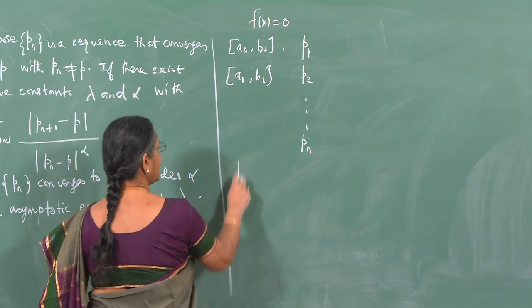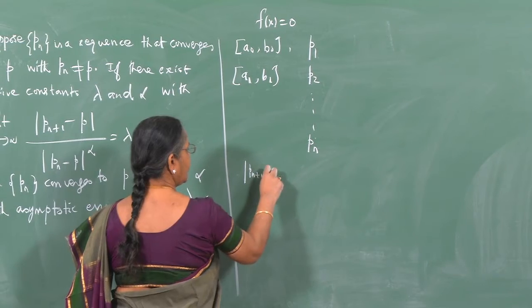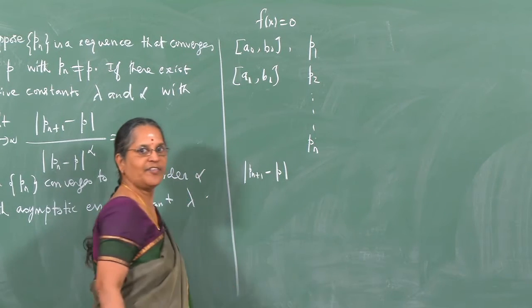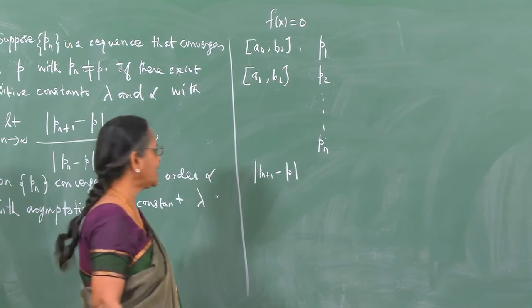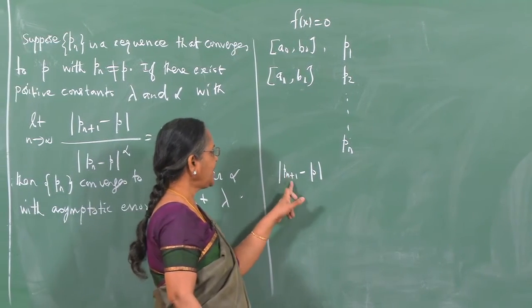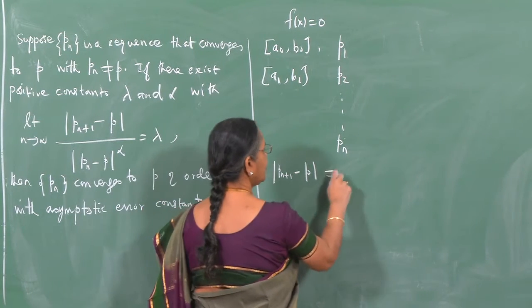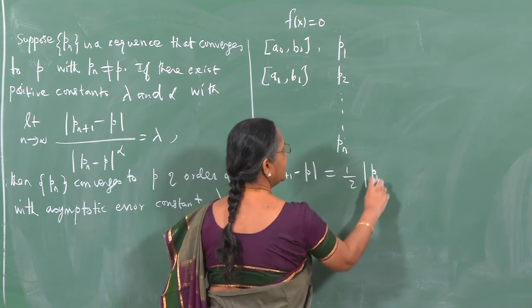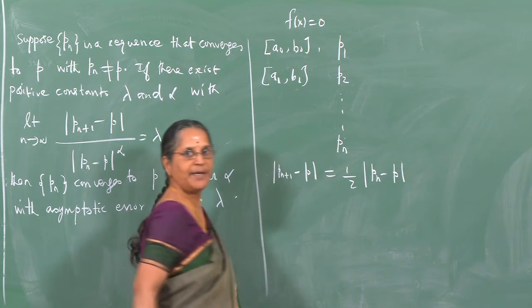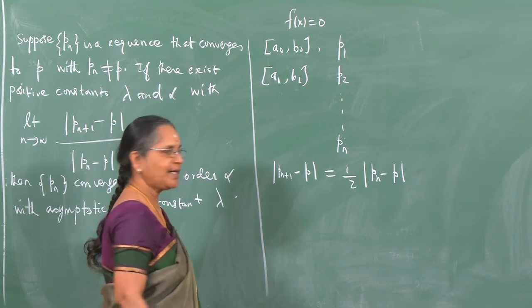And therefore, we see that the root P of the equation f of x is such that the distance between Pn plus 1 and P in absolute value is going to be half of the distance between Pn and P when we apply bisection method.